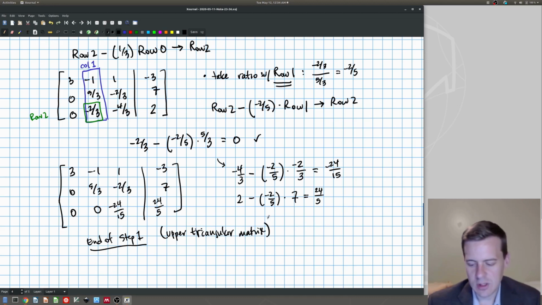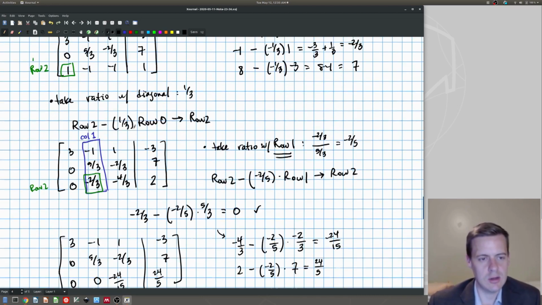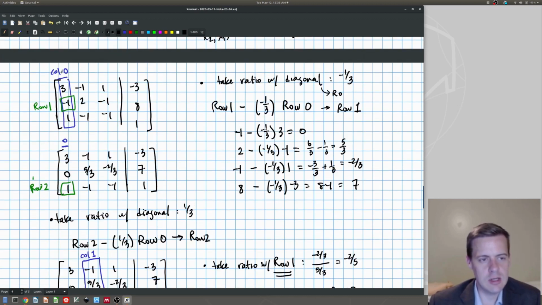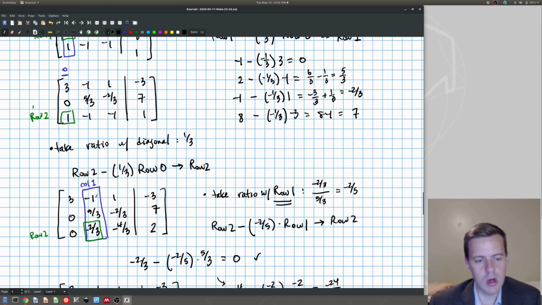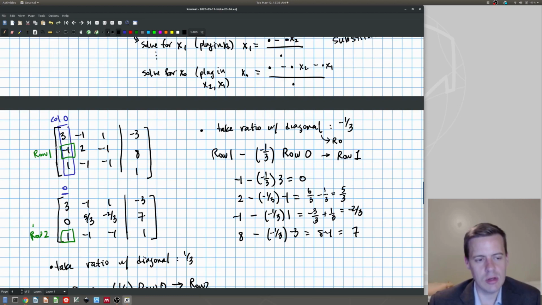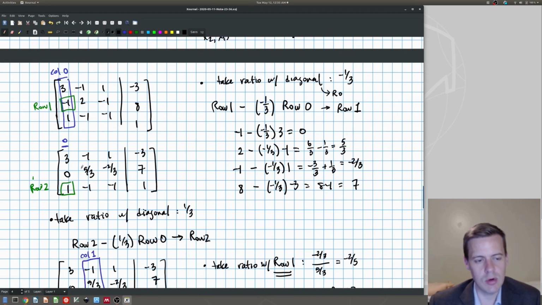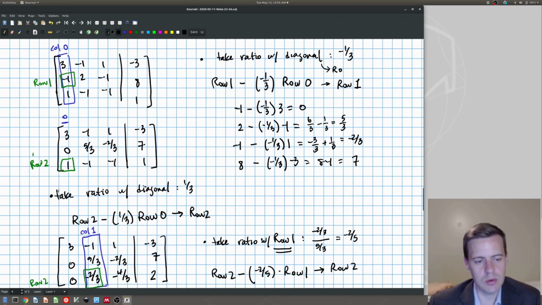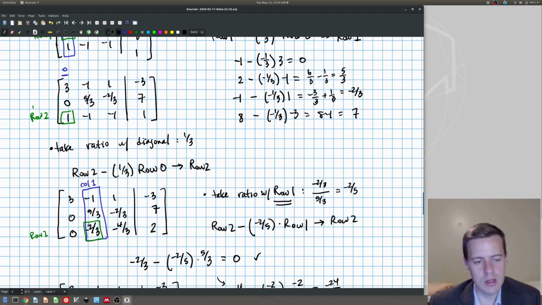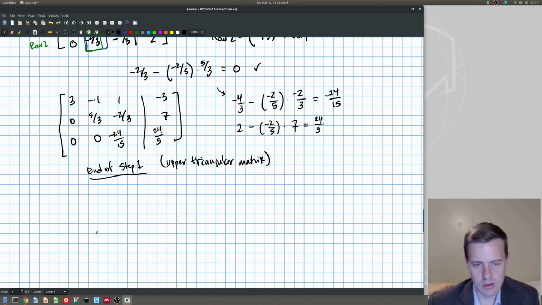Now to finish solving, let me go back real quick and review what we did to make sure we understand. I started in column 0. I wanted all zeros below the diagonal. Then I moved to column 1. In each column, I went down the rows, starting below the diagonal. So what did I do?